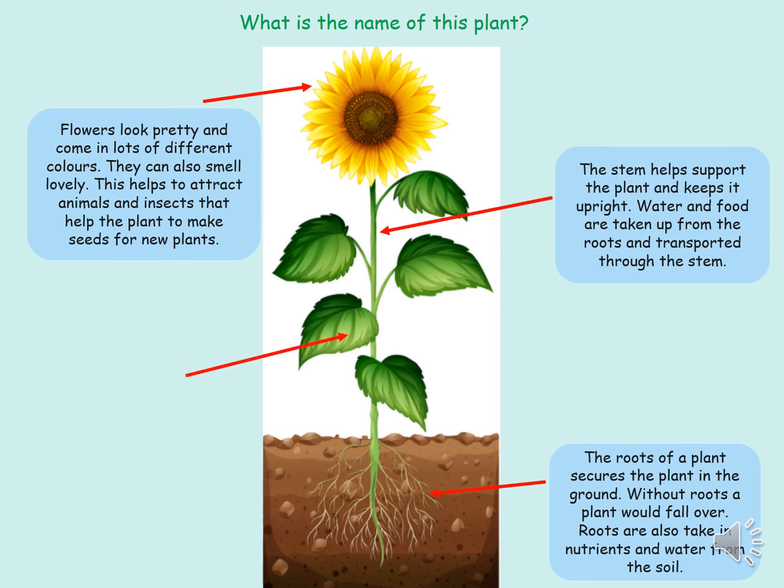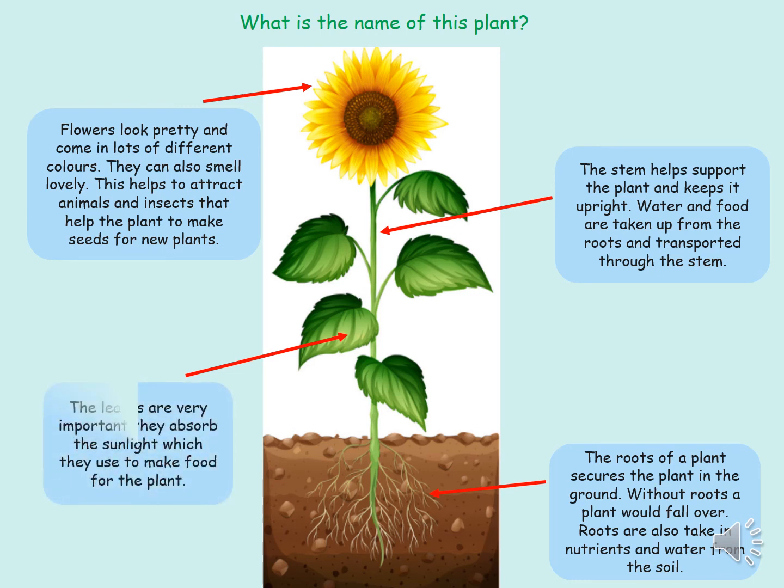And for our final part, look at the red arrow. What part of the plant is this called? You all should know this. This part is called the leaves. And the leaves are very, very important as they absorb the sunlight, the sun's rays, which they use to make food for the plant. So you have learnt 4 different parts of a plant.